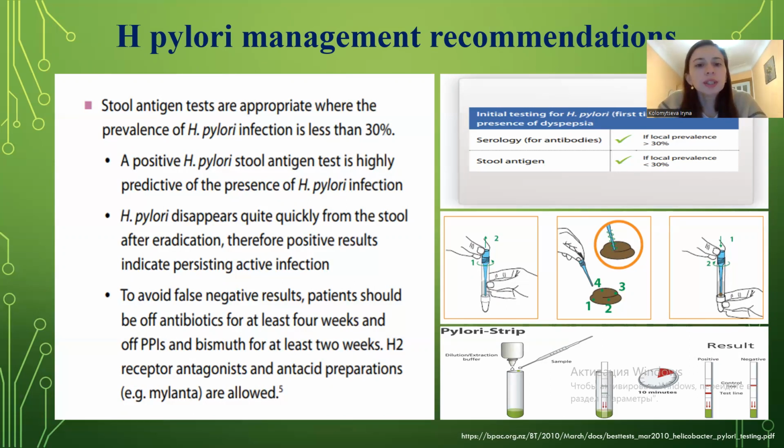To avoid false negative results, patients should be off antibiotics for at least 4 weeks and off proton pump inhibitors and bismuth for at least 2 weeks. Histamine 2 receptor antagonists and antacid preparations are allowed.